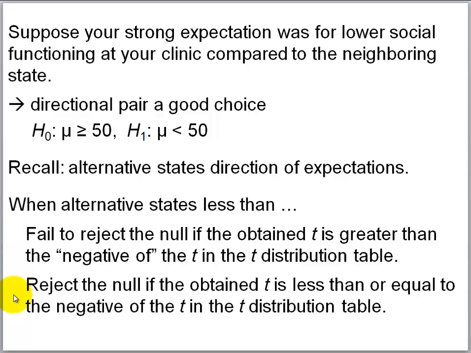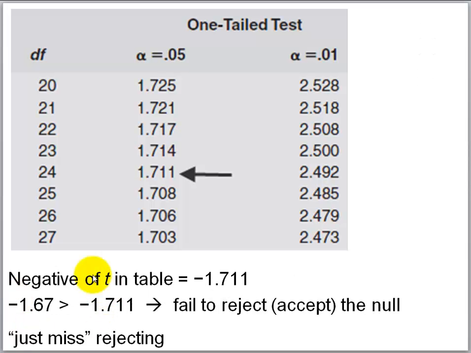Reject the null if the obtained t is less than or equal to the negative of the t in the t-distribution table. So, what do I mean by the negative of the t in the table? It is the case that all of the values of t in the table are positive values. So the negative is simply the negative value that is, so to speak, the opposite of the positive.